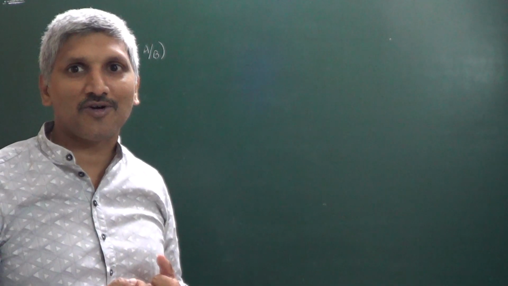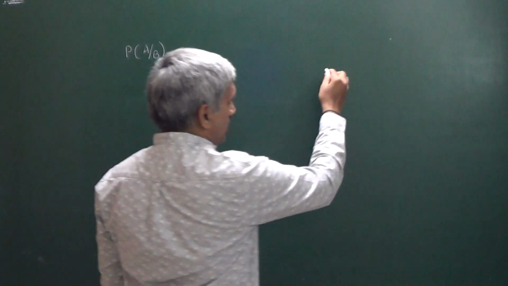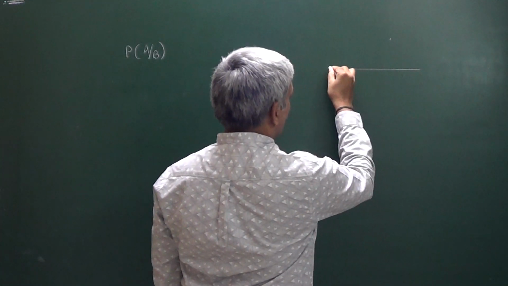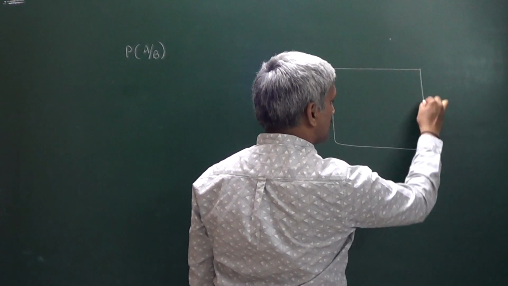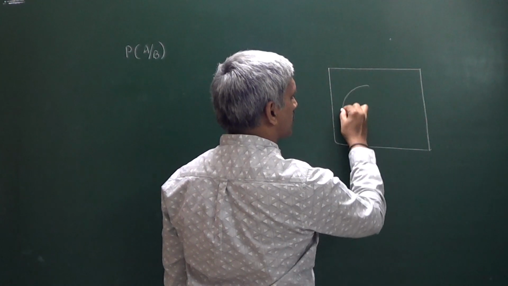Now how to find P of A by B? Just observe here. We have to find the probability of A under the condition that B has already occurred.